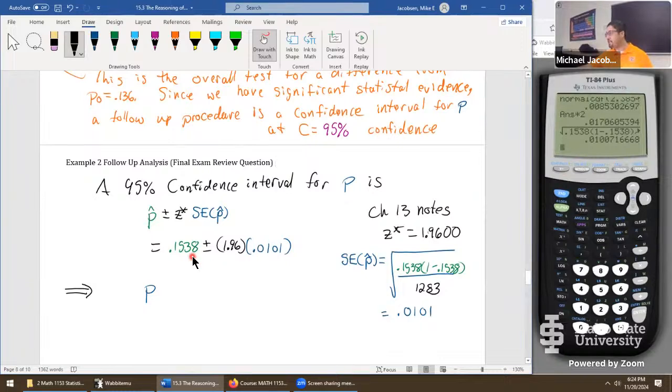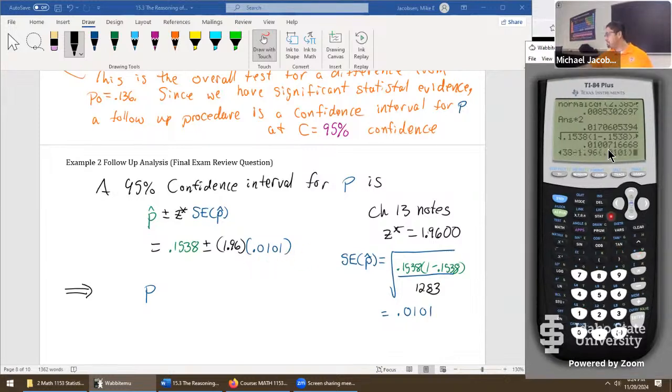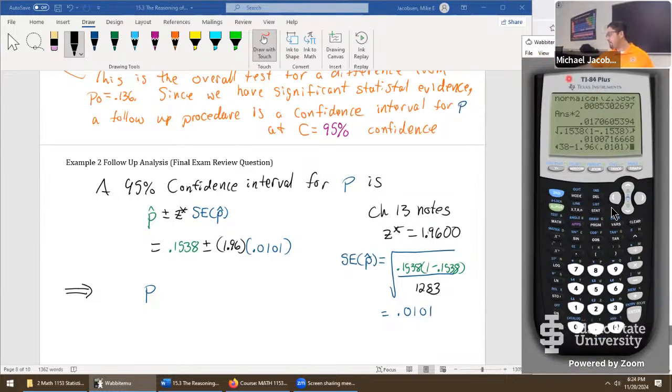So we're on this line right here. Type that into the calculator. 0.1538 minus the 1.96 times 0.0101. That's just a funny looking number to look at. Put that back. There we go. And our lower bound is 0.134 at a little bit more.